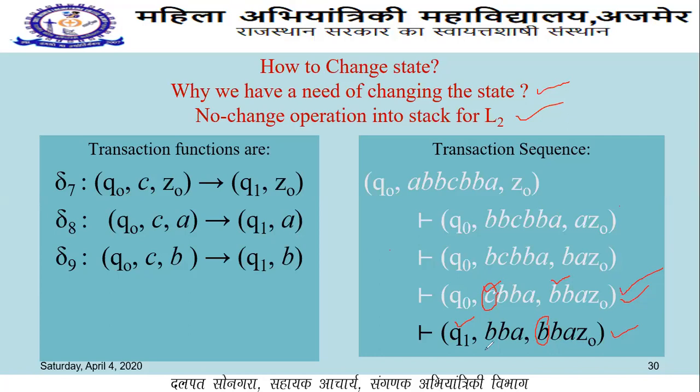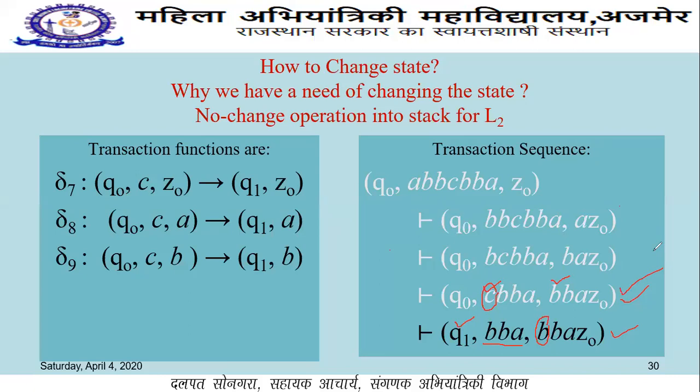So at state Q1, notice we are reading the WR, and when we are reading a WR at the input tape, then of course we know that when matching occurs with the element of WR and the top element of the stack, then we perform the pop operation.